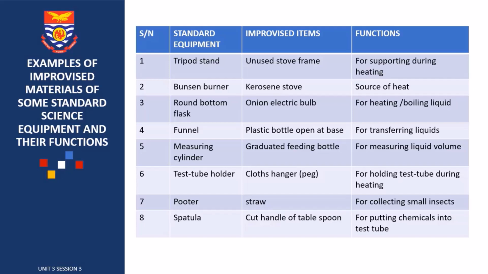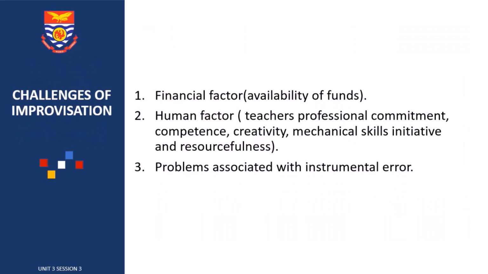Also, the footer, which is used for collecting small insects, can have its improvised version by the use of a straw to collect these small insects. And finally, for putting chemicals into the test tube, a cut handle of a tablespoon can do the work instead of a spatula.